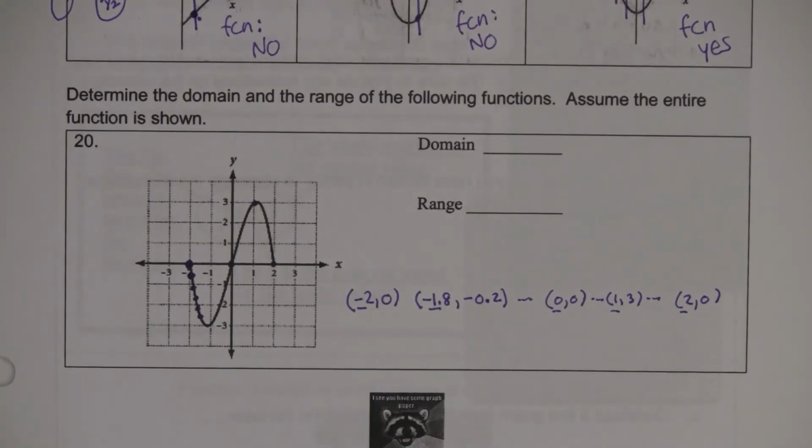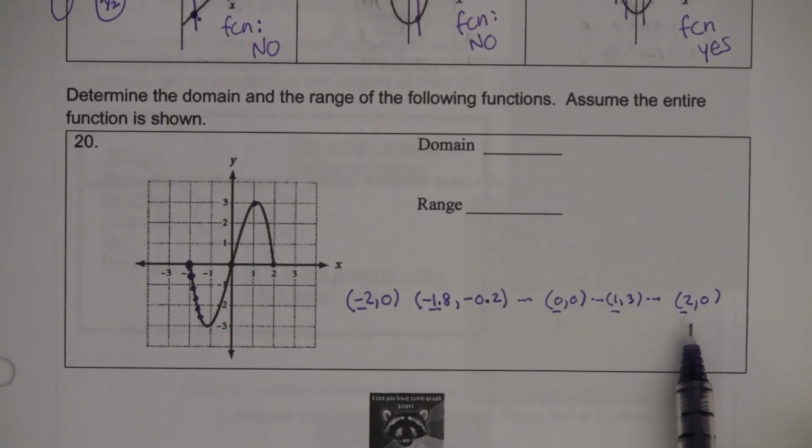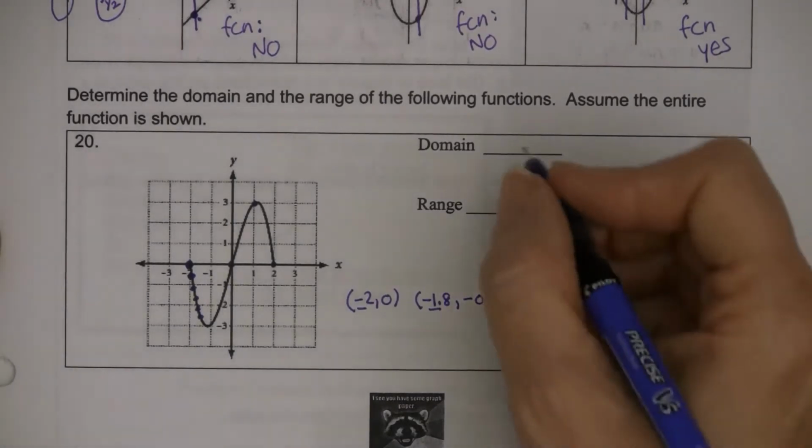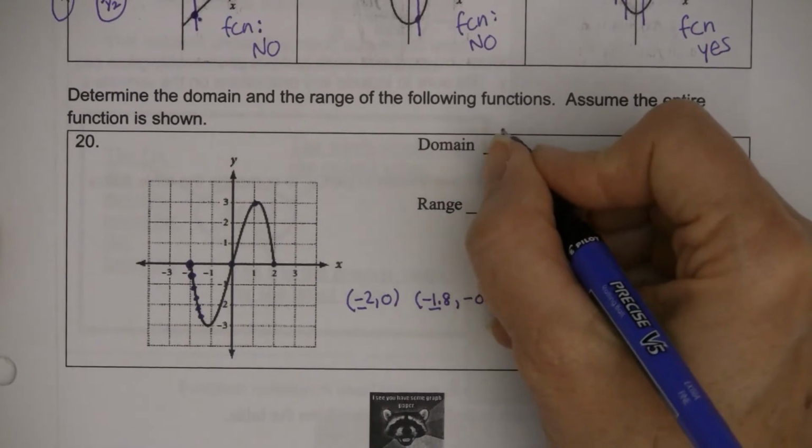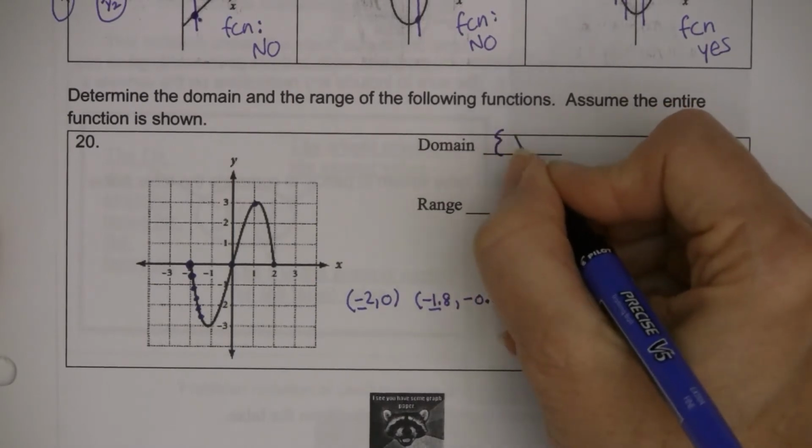But I do notice this, that the smallest of them is negative 2, right? They're in order here. And the biggest of them is positive 2. And so as I'm looking at that, I can write, and your book writes in fancy notation for the domain. They say that it's going to be the set of x's.